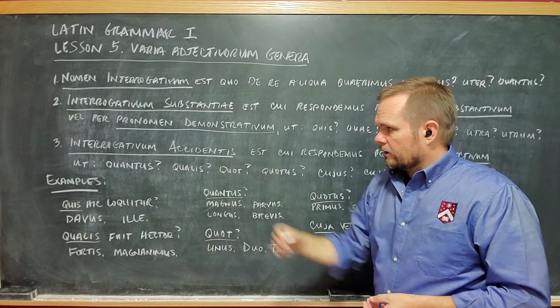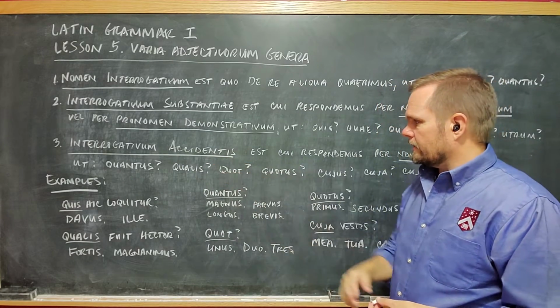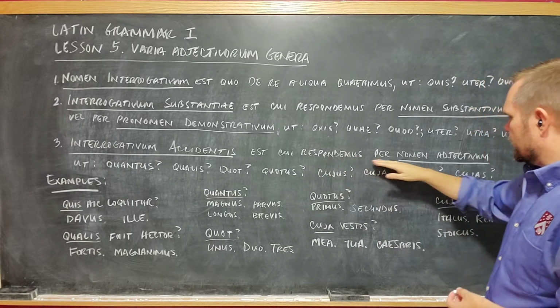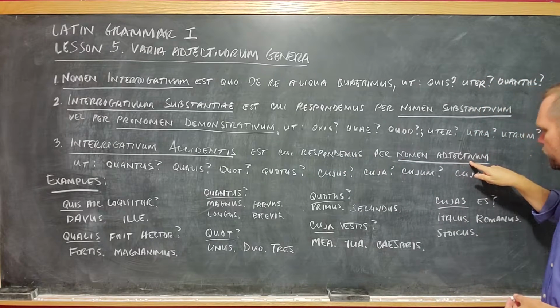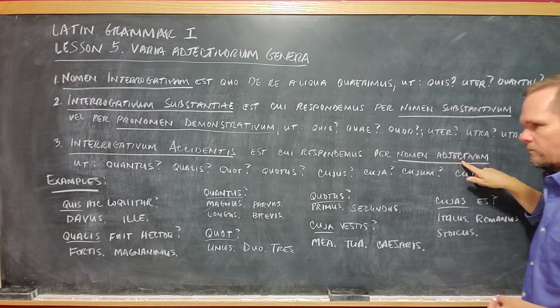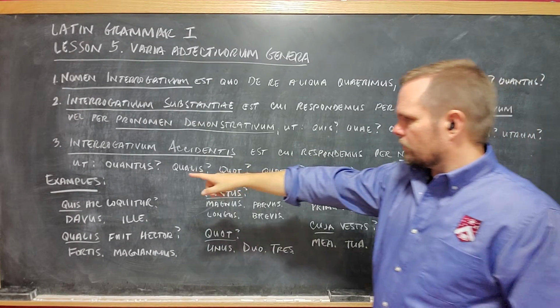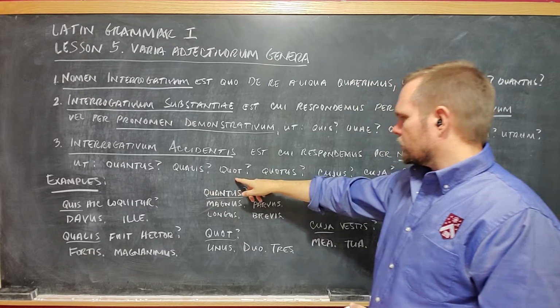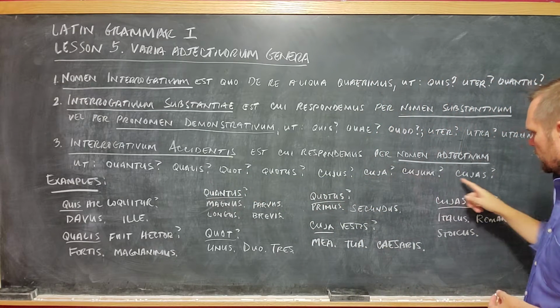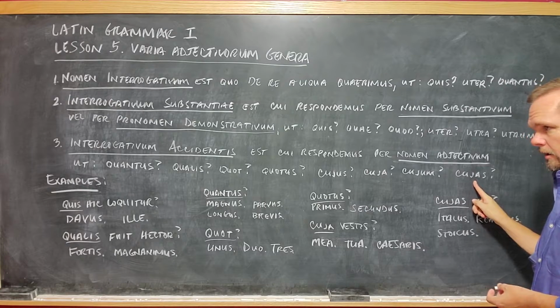So, interrogativum accidentis est cui respondemus per nomen adjectivum, not substantivum, adjectivum. Ut quantus, qualis, quot, quotus, cuius, cuia, cuium, cuias. Okay?